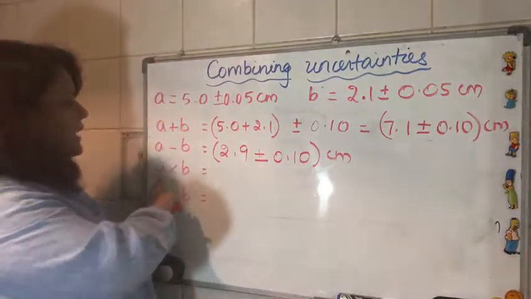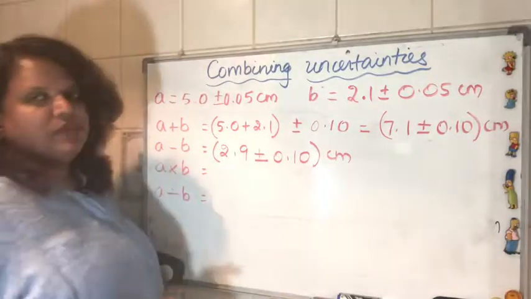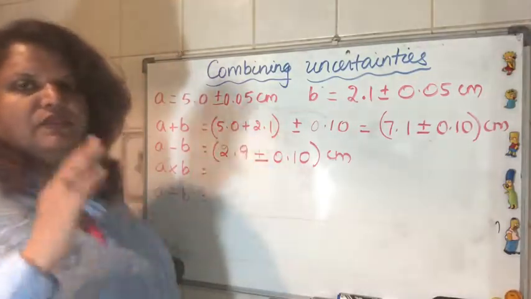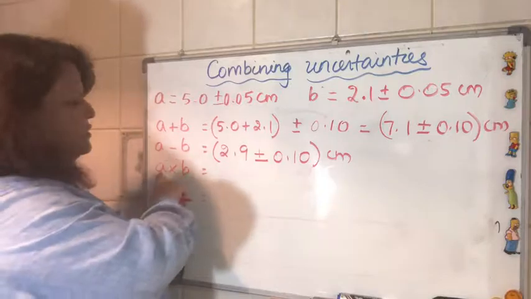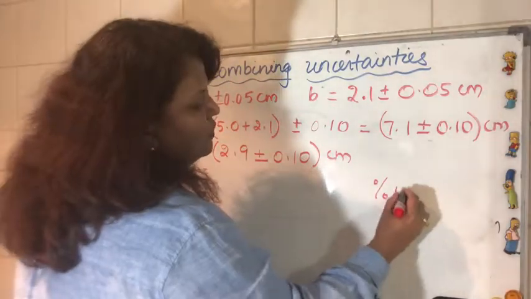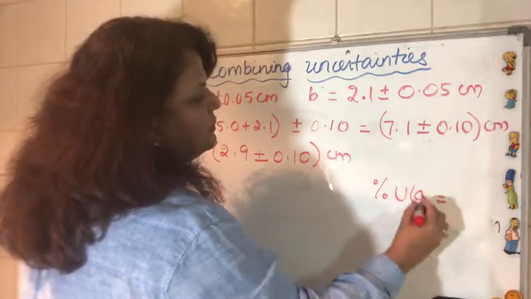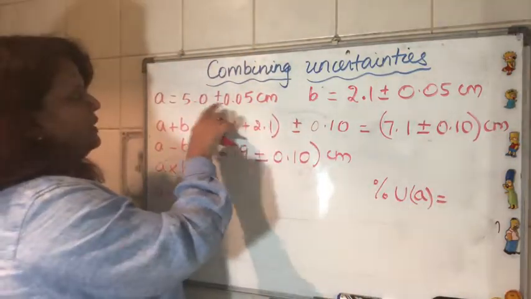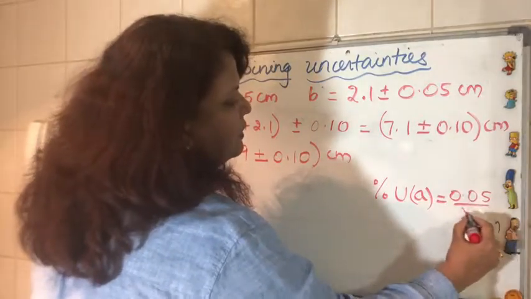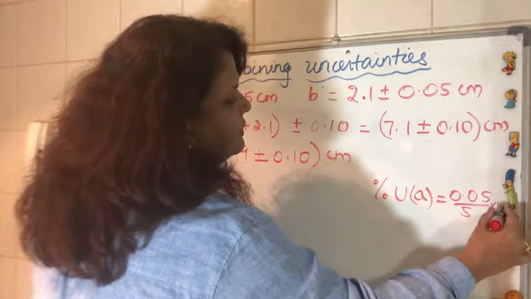Now coming to this, A multiplied by B, what you have to do? You have to combine their percentage uncertainties. So you have to first calculate percentage uncertainty of A and percentage uncertainty of B. So percentage uncertainty of A, how do I calculate? 0.05 divided by 5 multiplied by 100.